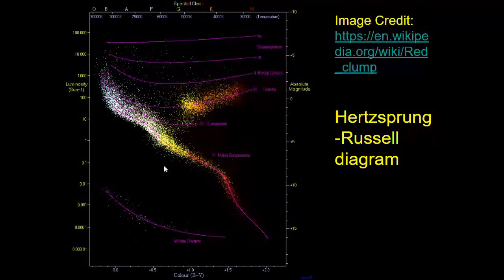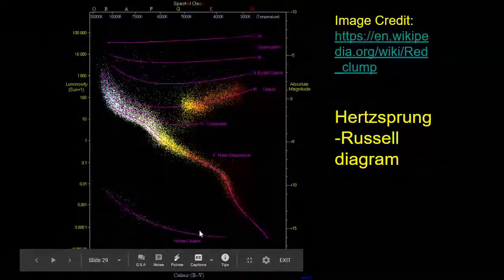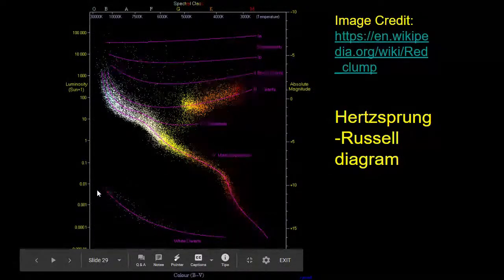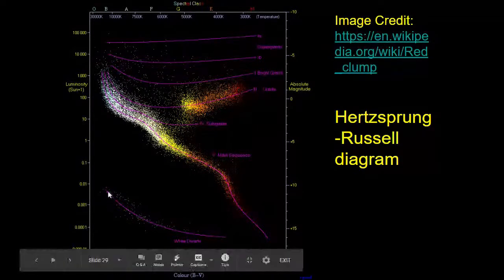On the other hand, white dwarfs, you can see how faint the white dwarfs are. Why are they fainter? Although they can be very blue, they can be very hot, they are very faint. The reason why the luminosity is very low, although the temperature can be very high, is the size itself is very small.